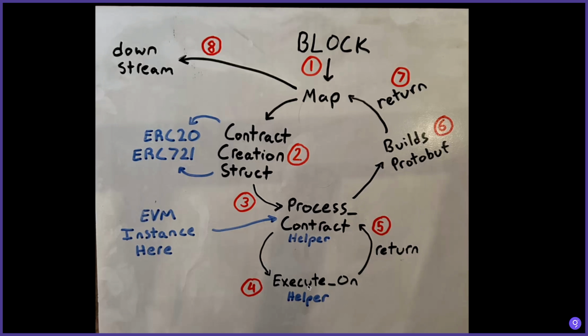That's when the machine instance gets built with the storage changes and the deployment bytecode, the execution gets run, and the value gets returned. Then the process contract function is used to build the protobuf, and that gets returned back to the map module, which outputs it downstream.